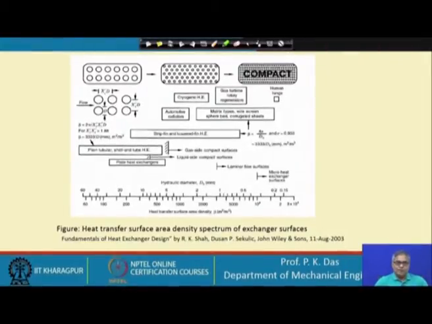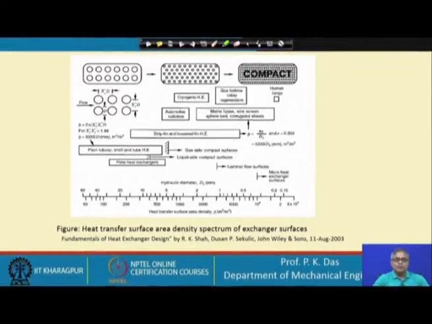We will spend some time on compact heat exchangers, where the other aspects will come, but let me cursorily tell at this point that this is not without any penalty, because when we make it very compact, then along with the complexity of the manufacturing processes, the pressure drop also increases, and one has to manage the pressure drop.